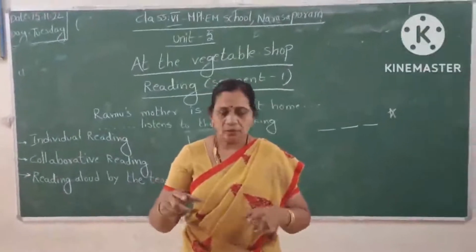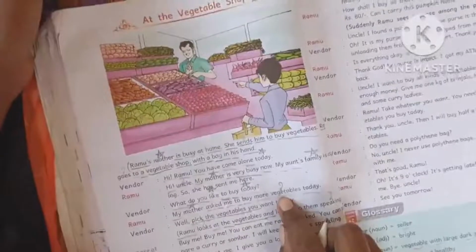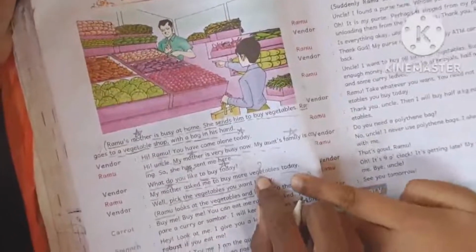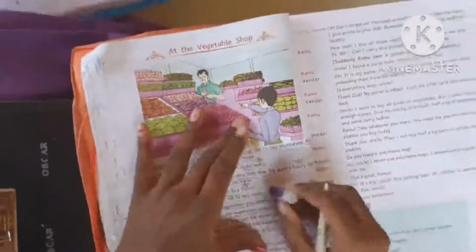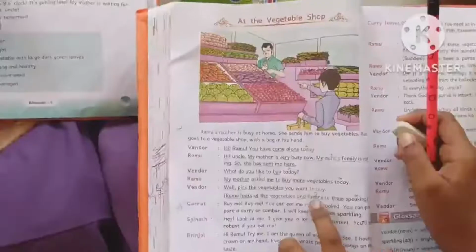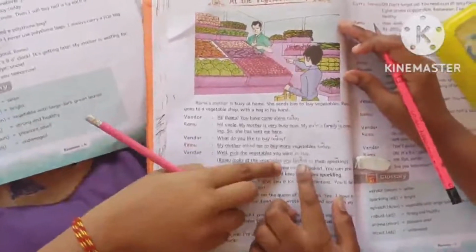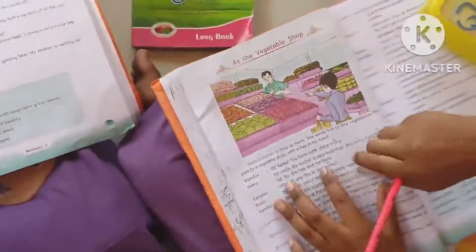Now, let us take it to groups. Okay, children, what is this word? Vegetables. What is this word? Listens.